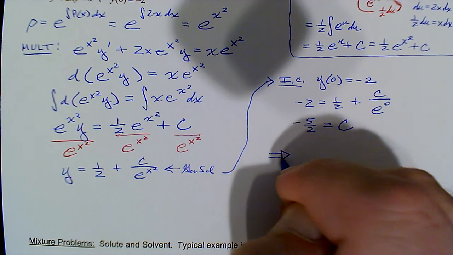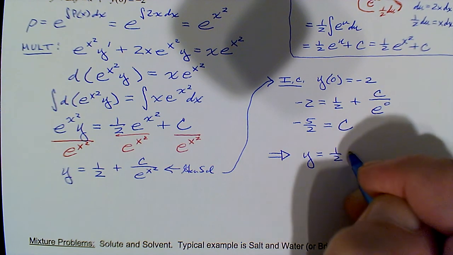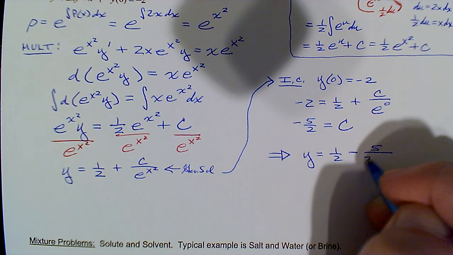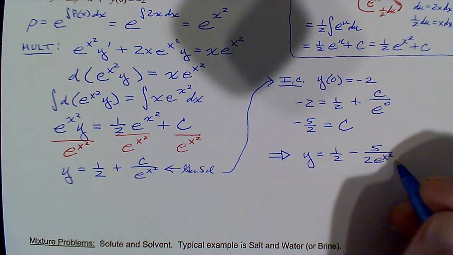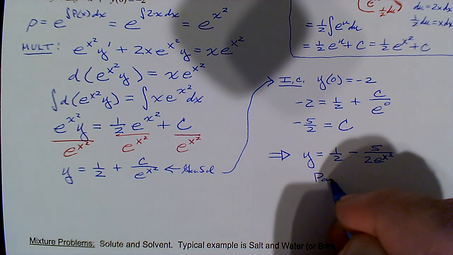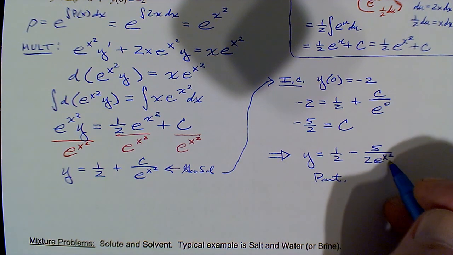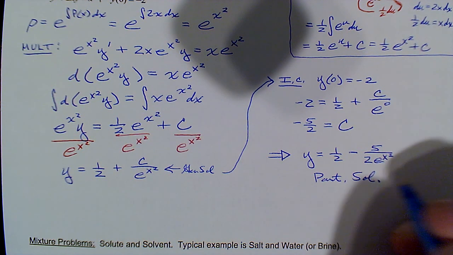And so then y is 1/2, c is -5/2, so 1/2 minus 5 over 2 e to the x squared. I suppose you could write that as 1/2 minus 5/2 times e to the -x squared, which would be equivalent, and that's our particular solution.